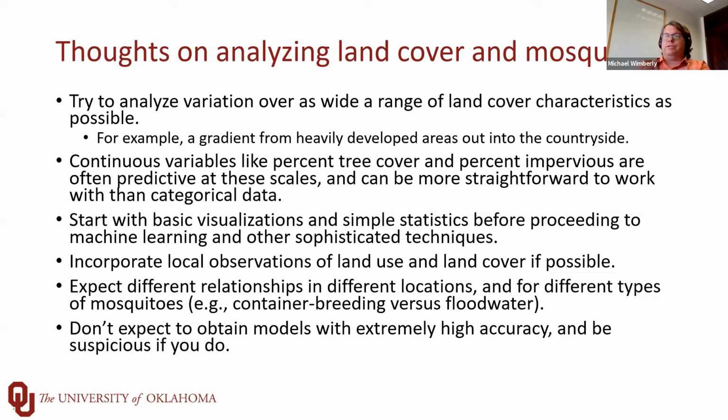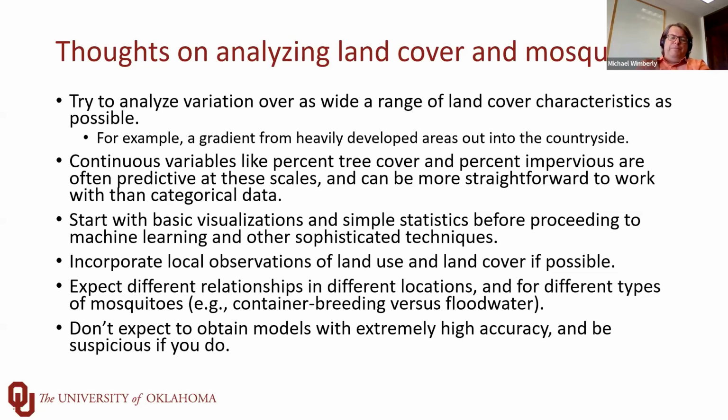If you're out there collecting mosquitoes, you can see those details of land cover. You can see where there is trash that might create artificial breeding sites. You can see where in your neighborhood water tends to pond. So factor that in. Again, take species into account.